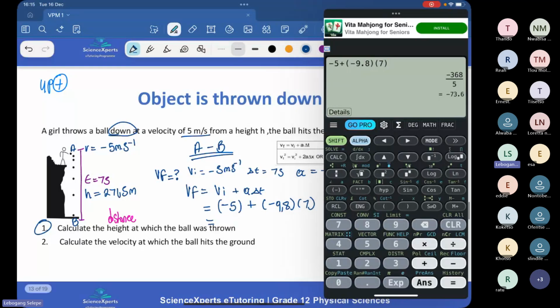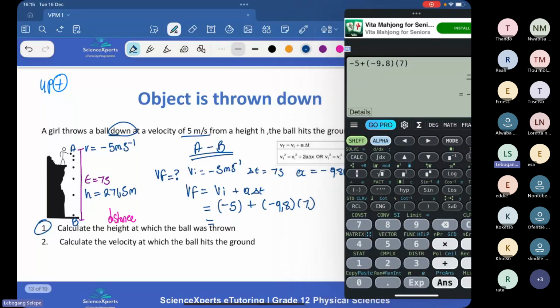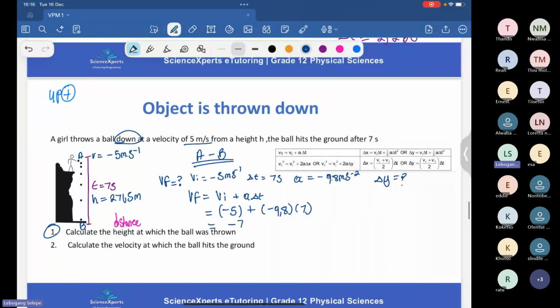So negative 73,6 meters per second. Then when we give our final answer, it would be 73,6 meters per second downwards. Do you guys get it? Yes, sir.